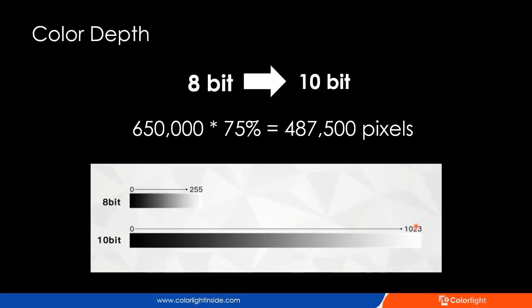Color depth is another factor affecting loading capacity. As the color depth increases, each pixel means more data needs to be transmitted. For example, if the video color depth increases from 8-bit to 10-bit, the image will get more details, but the amount of data for each color is increased and the pixel capacity is reduced.